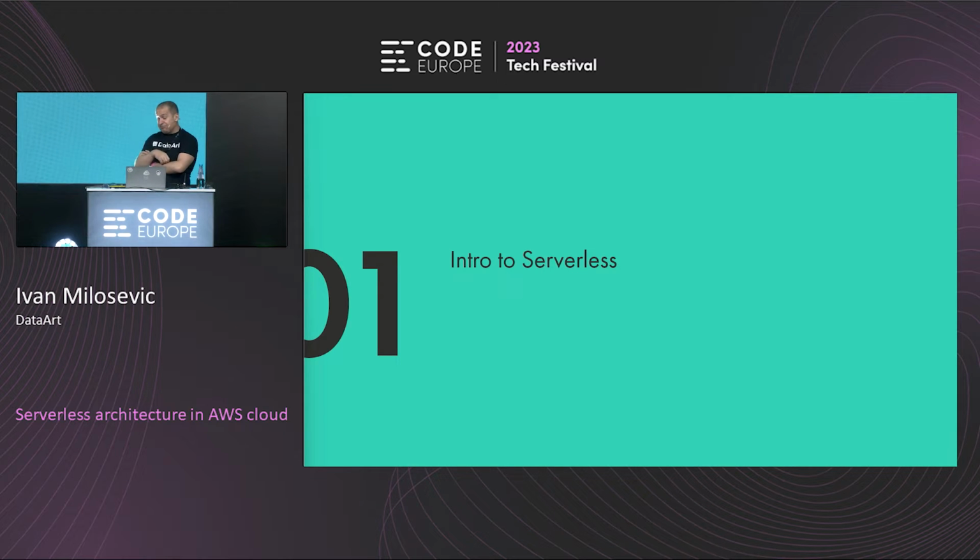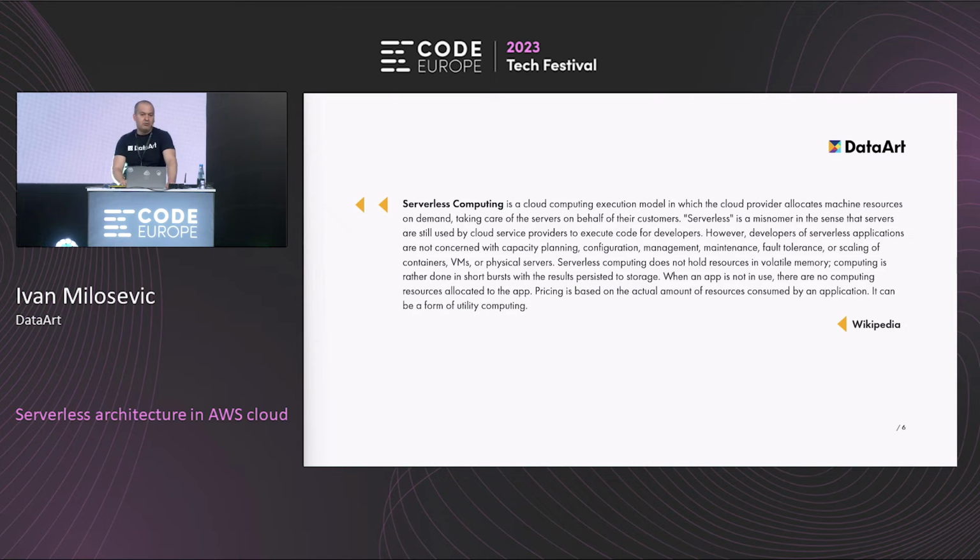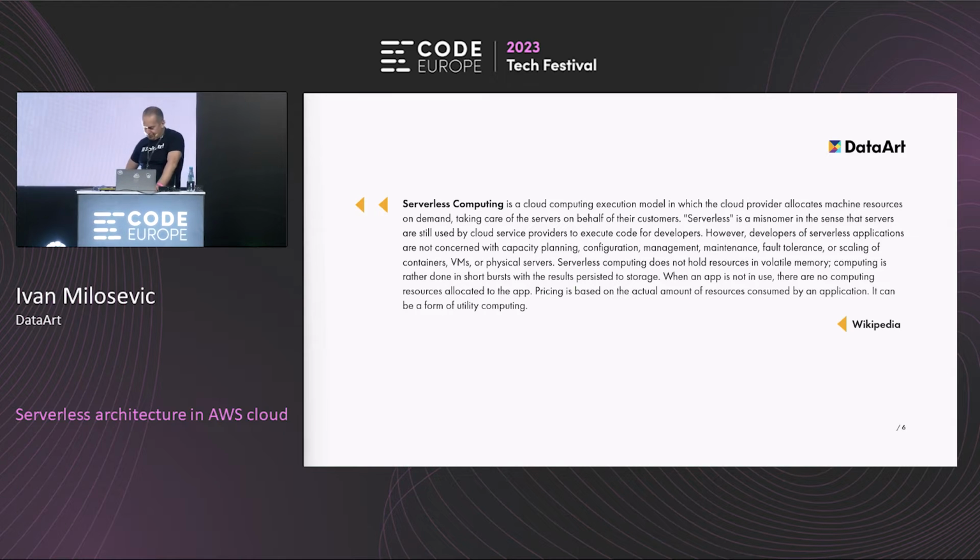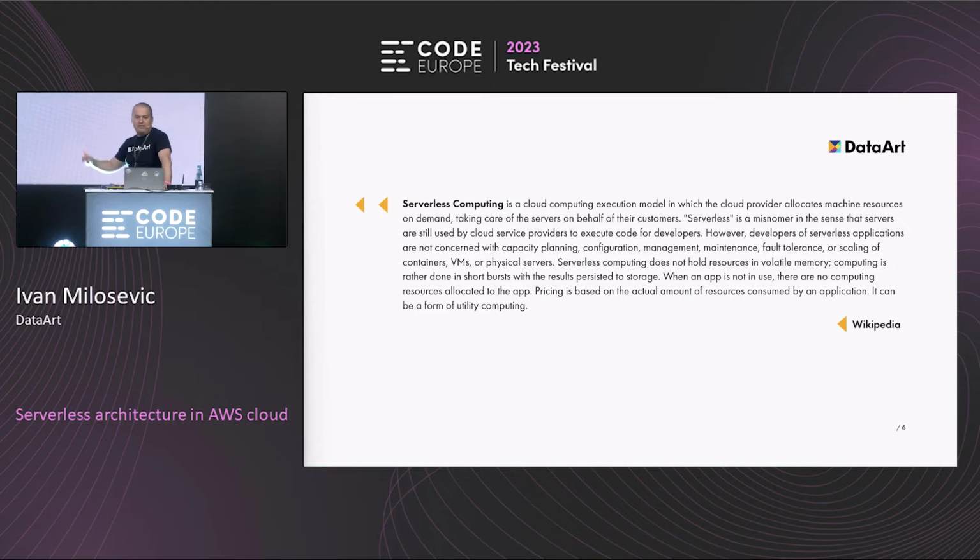Normally when you start learning something new, you would first go to Wikipedia, and maybe you will see something like this. If you're a student at some university in Krakow or Belgrade or wherever, when you first Google serverless, you will find this nasty definition over here.